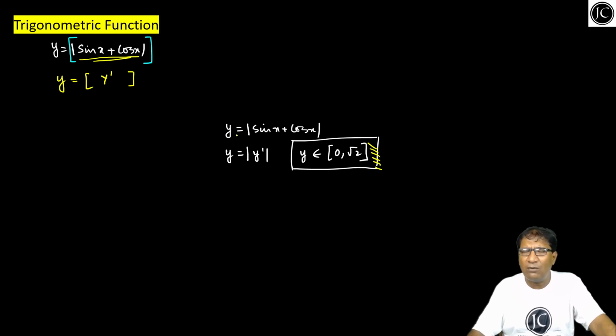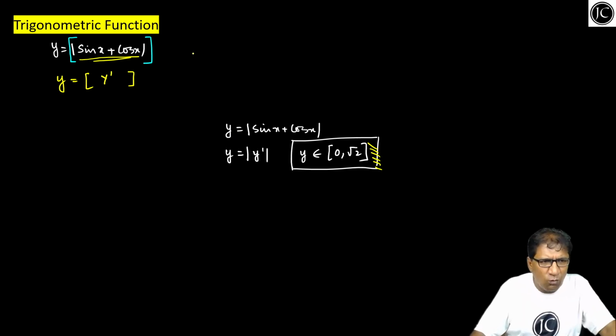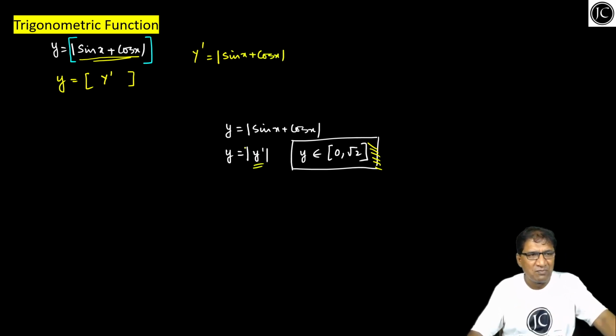Okay, this is our y dash. Let us say here your y dash is basically modulus of sin x plus cos x. Don't confuse with that y dash with this y dash, right? So this y dash is basically modulus of sin x plus cos x. Now your y dash is lying between 0 and √2.